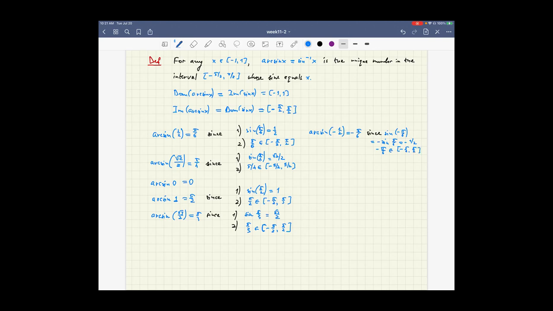And likewise, arcsine of negative root 2 over 2 is negative pi over 4, since again, sine of negative pi over 4 is negative root 2 over 2, and of course negative pi over 4 lies in the desired interval.